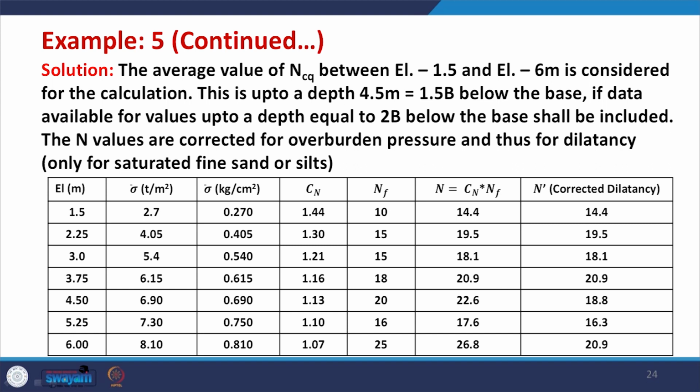N subscript f means these are the field values of N, which is directly measured in the field. So, N_f multiplied by C_n gives you the corrected value of N, corrected due to overburden pressure. Then you need to apply the correction due to dilatancy, but it will start only from 4.5 meter, and only if your N values are more than 15, but all three values are more than 15.